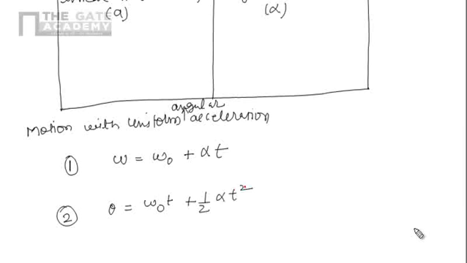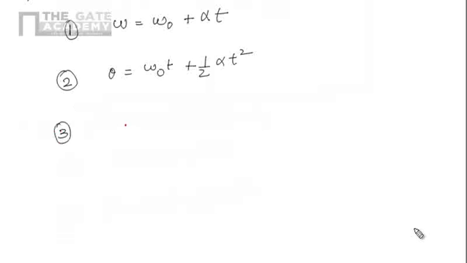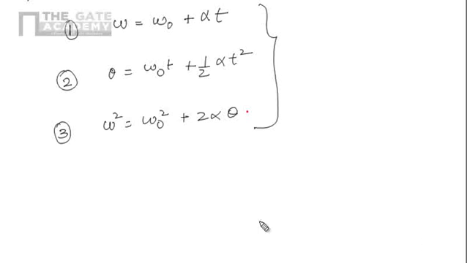Similarly, for translatory motion, s equals ut plus 1 by 2 at square. We can write the third equation also, omega square equals omega naught square plus twice alpha theta. These three equations we can use when motion with uniform angular acceleration is mentioned in the problem based on rotational or circular motion.